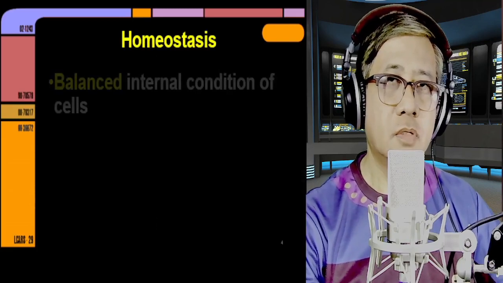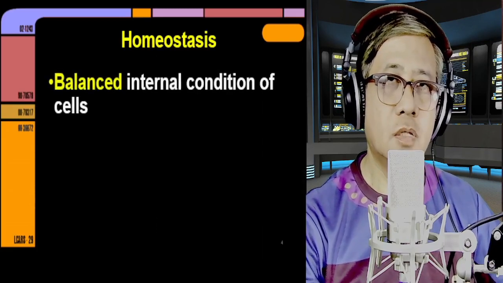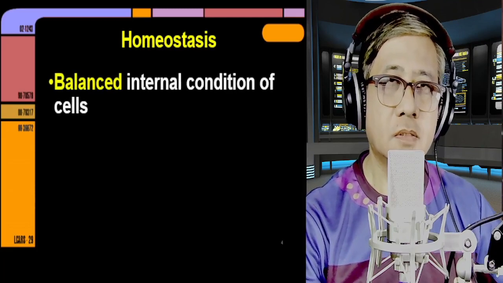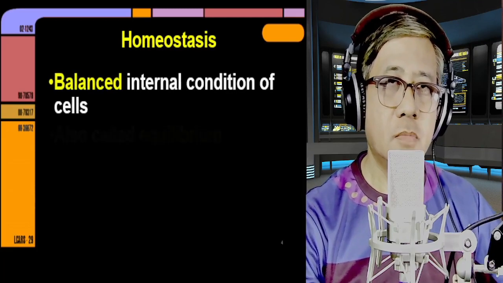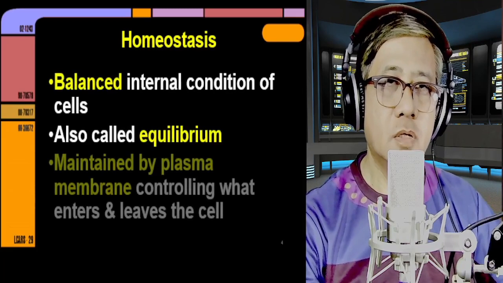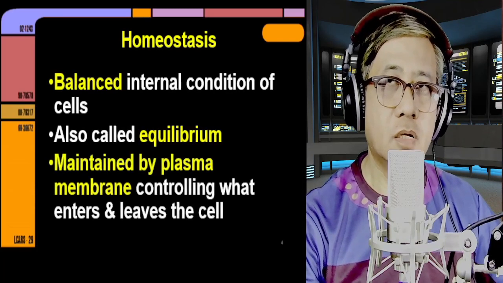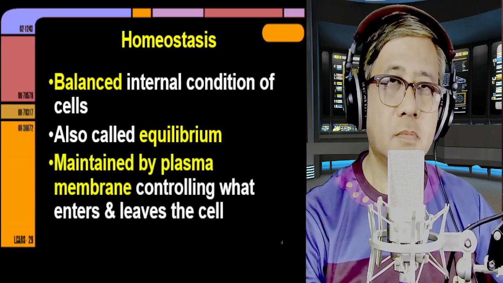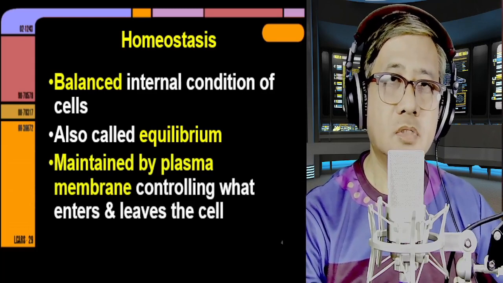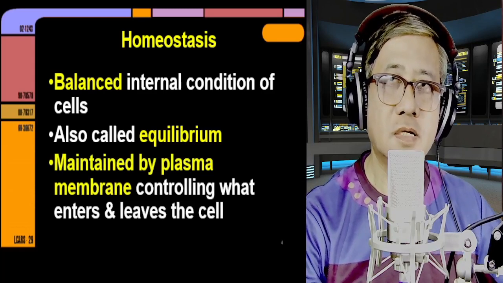Also, the cell membrane plays an important role in homeostatic balance. The cell membrane maintains balance or equilibrium by controlling what goes in and what goes out of the cell.